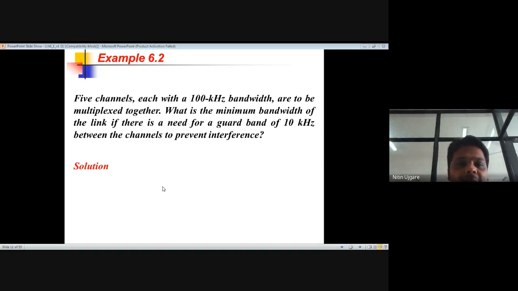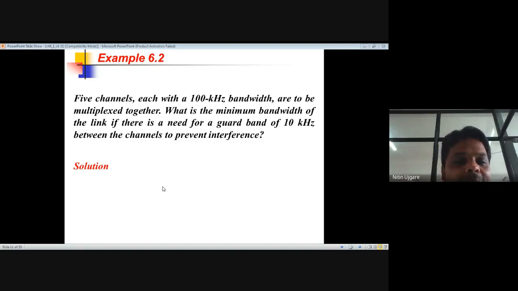So let's have an example. 5 channels, each with a 100 kilohertz bandwidth, are to be multiplexed together. What is the minimum bandwidth of the link if there is a need for a guard band of 10 kilohertz between the channels to prevent the interference?